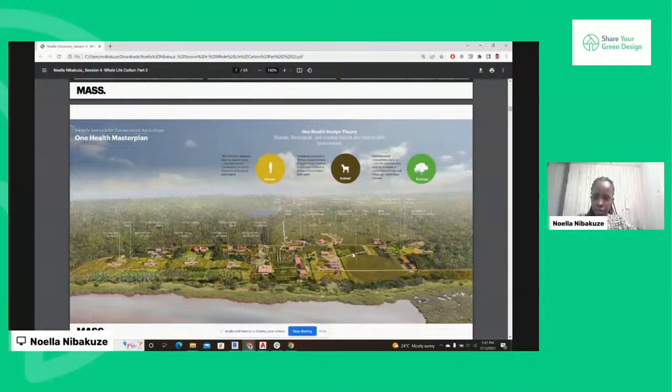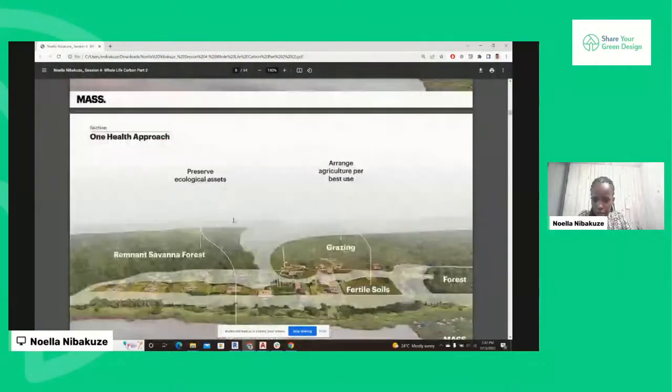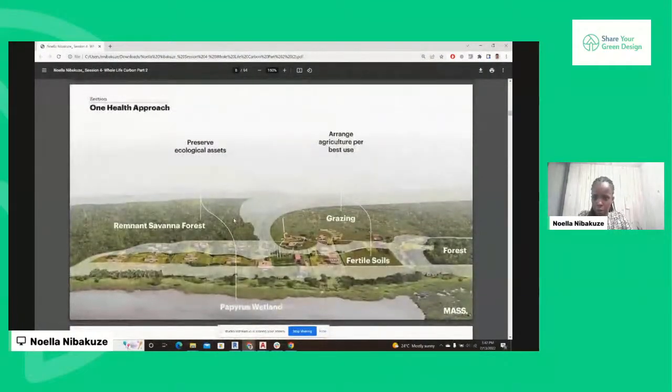So we had the advantage of having a good view, but also orienting our buildings to avoid the west and eastern sun.